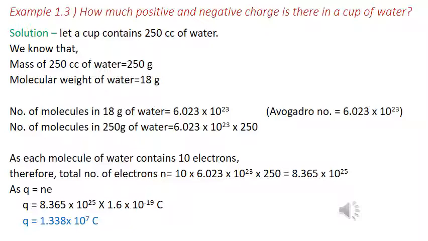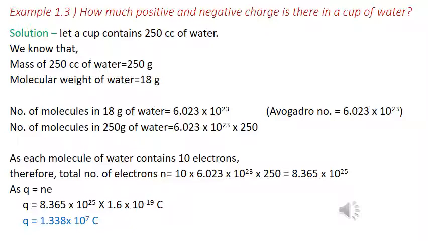As each molecule of water contains 10 electrons, therefore total number of electrons is equal to 10 into the number of molecules in 250 gram of water, which is equal to 8.365 into 10 to the power 25.